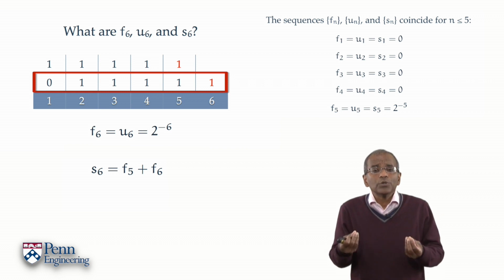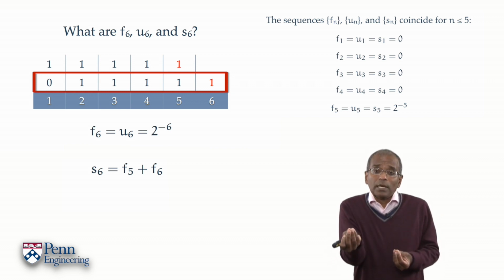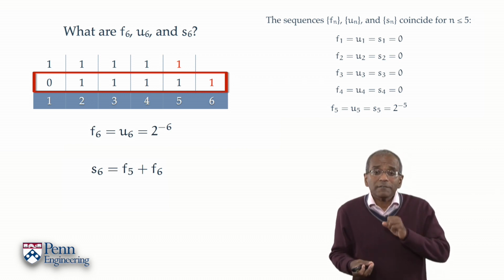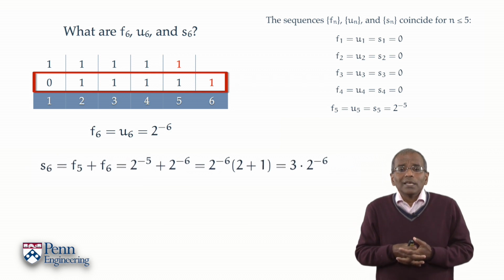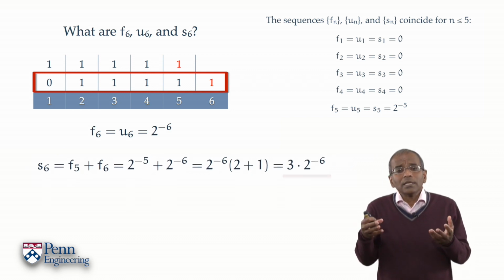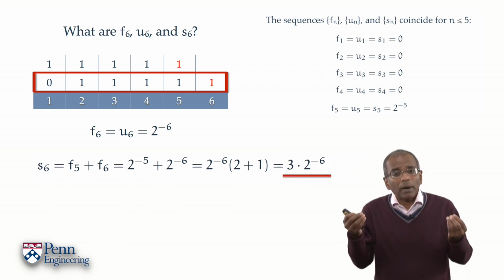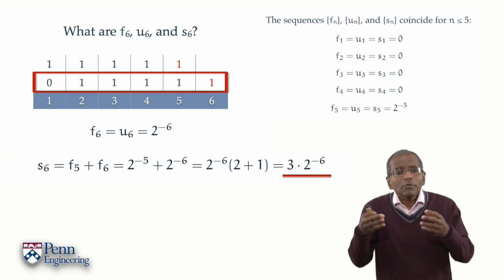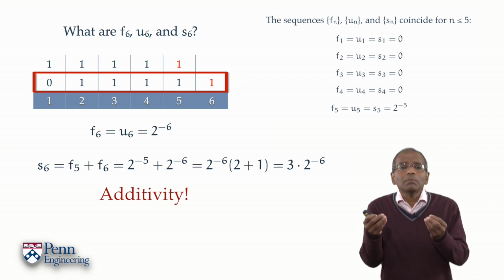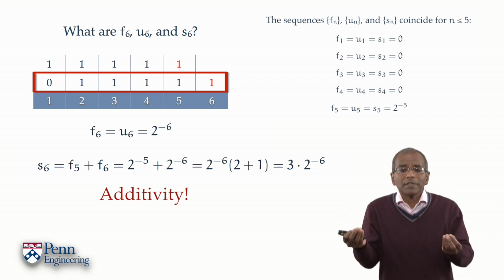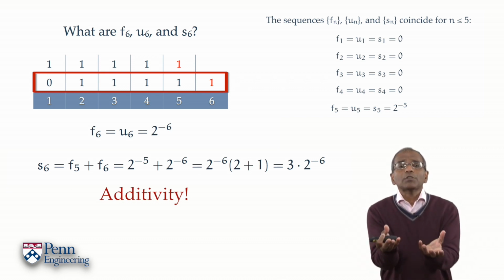They are mutually exclusive. You could have a success run at trial 5, but then you will not have a success run at trial 6, or vice versa. And putting together the algebraic values, we find that we get 3 times 2 to the power minus 6. What have we appealed to? Our universal, subtle, and marvelous principle of additivity. The whole here was a sum of the 2 parts.